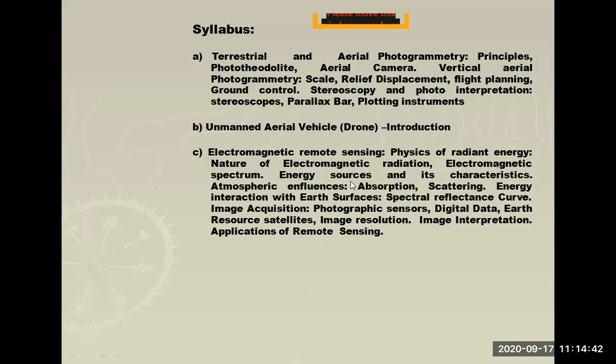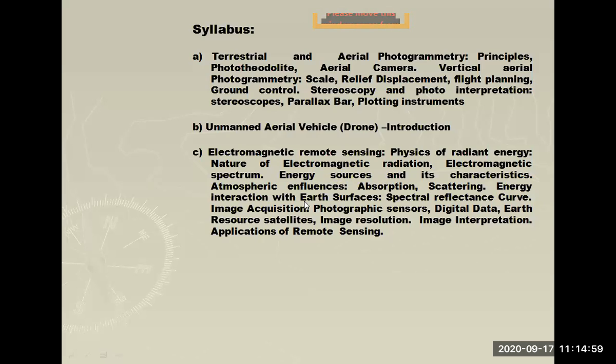Then energy sources means natural energy and artificial energy. Artificial energy means we have fixed the flash to our mobile, that is artificial energy. And natural energy means our sun is the natural energy, and its characteristics.